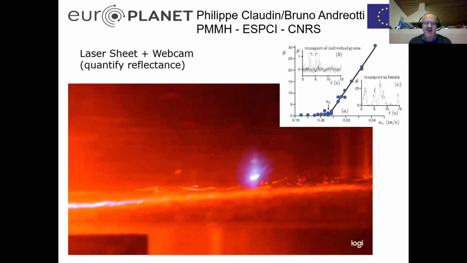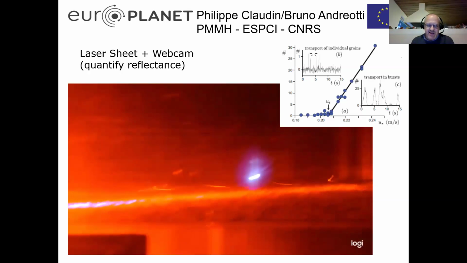That is, instead of just looking by eye and using some subjective method of counting grains or whatever, they actually analyzed these webcam photos where the grains are illuminated by a laser sheet.